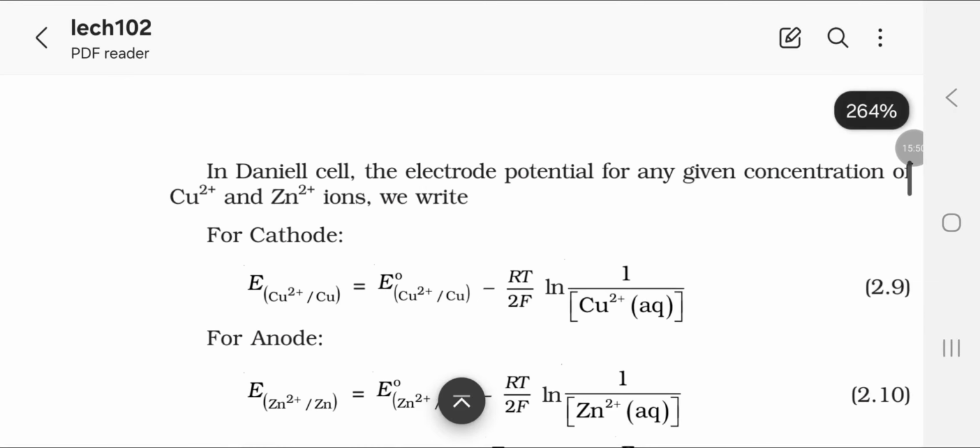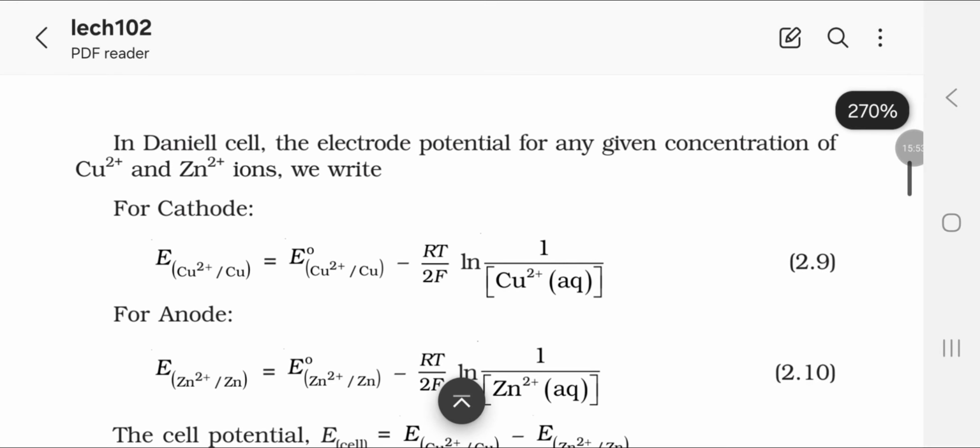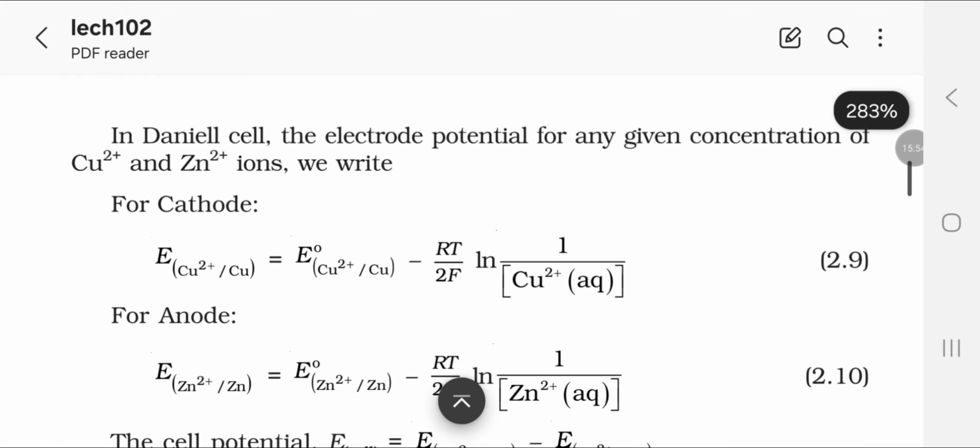In the Daniell cell, for any concentration of Cu2+ and Zn2+ ions, we write for the cathode E(Cu2+/Cu) equal to E°(Cu2+/Cu) minus RT by 2F into ln of 1 by Cu2+ aqueous.